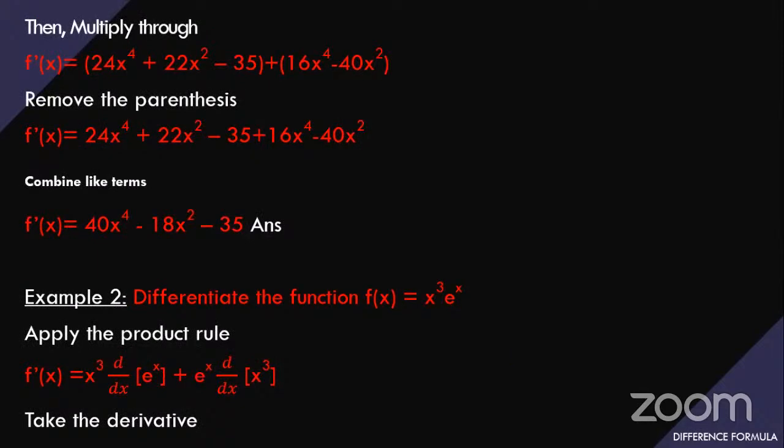Okay, sir. So if we proceed, what we are going to have is 24x raised to the power of 4 plus 22x raised to the power of 2 minus 35 plus 16x raised to the power of 4 minus 40x raised to the power of 2.